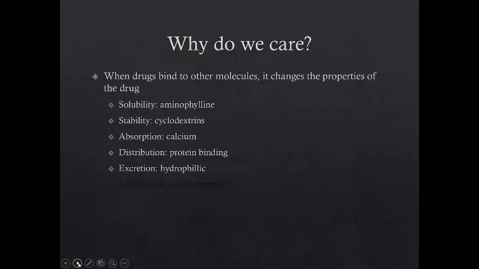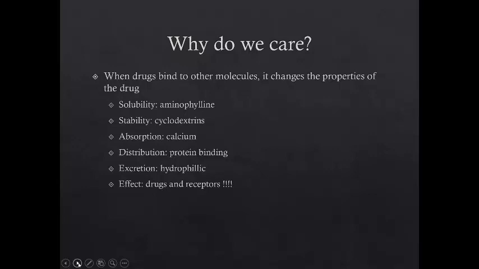If we want a drug to go out of the body, that's going to be usually in the urine. And urine is aqueous, as you know. So a drug has to be in a hydrophilic form, water-loving form, in order to be excreted in the urine. So we can complex a drug with a compound to make it more hydrophilic.